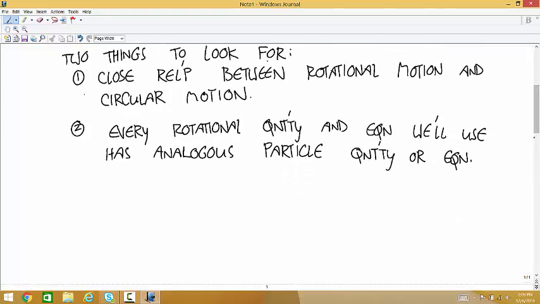We're going to break rotational motion up into two parts, just like we did with particle motion.